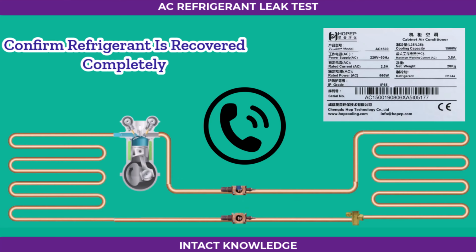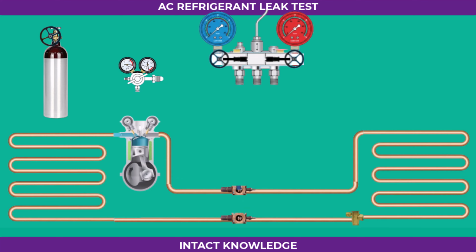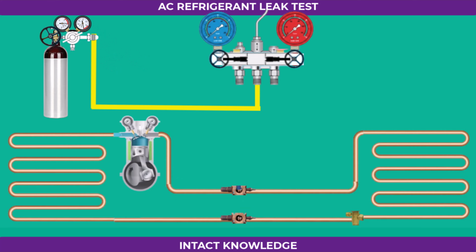Now let's begin pressurizing. Attach the regulator to the nitrogen cylinder. Connect the yellow hose to the regulator outlet, and link the blue and red hoses to the system's low and high service ports. If your unit only has a low side service port, just connect the blue hose. Before proceeding, purge the manifold and hoses again with a quick burst of nitrogen.